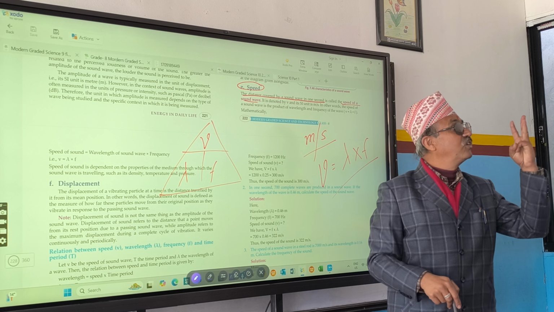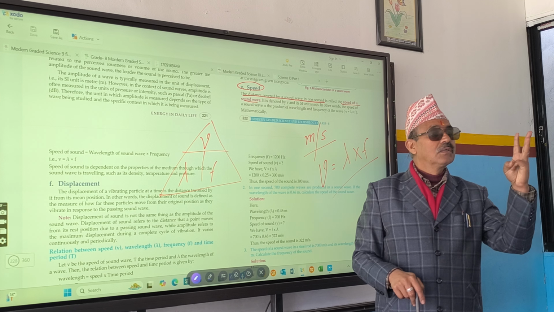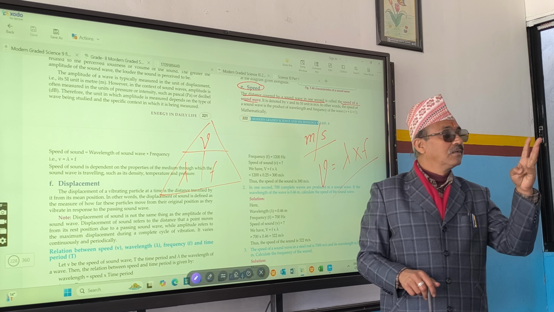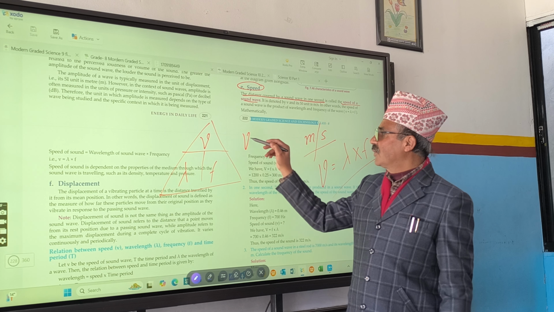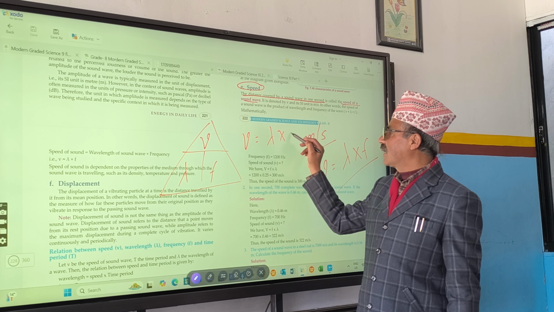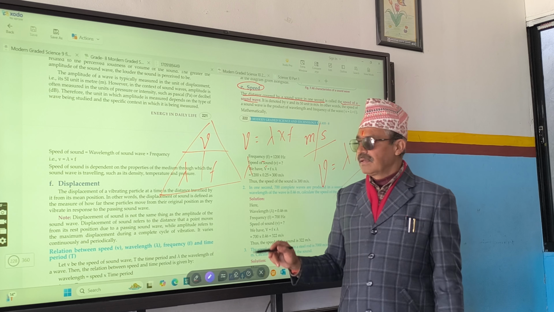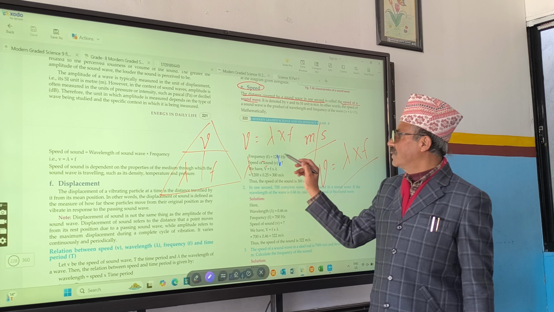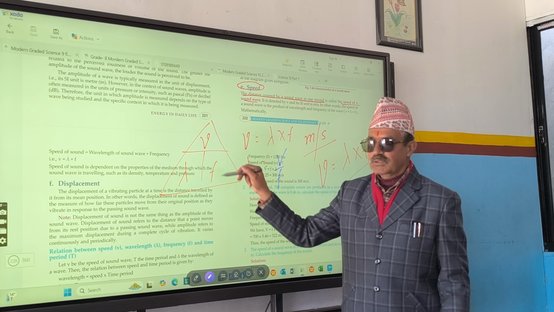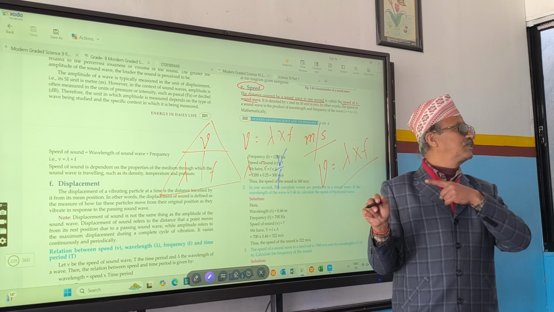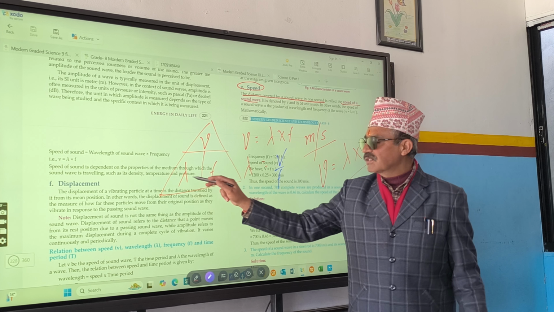From here we can get 3 formulae. V equals to lambda times F. Lambda equals to V by F. Very simple.